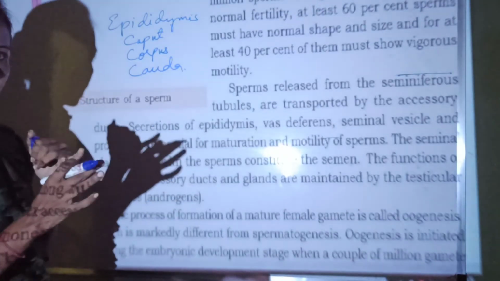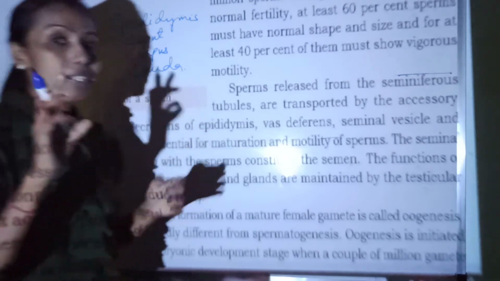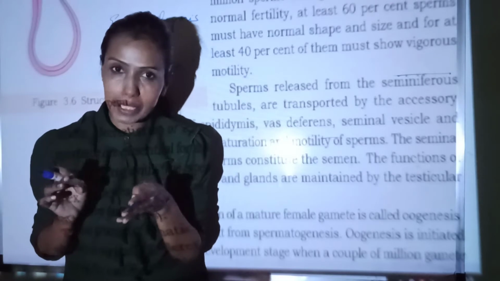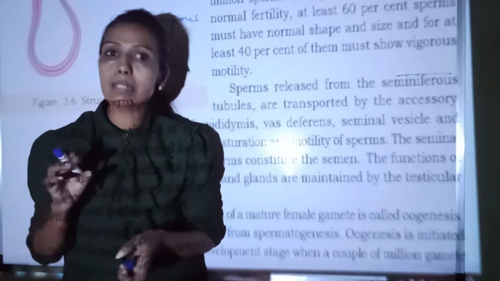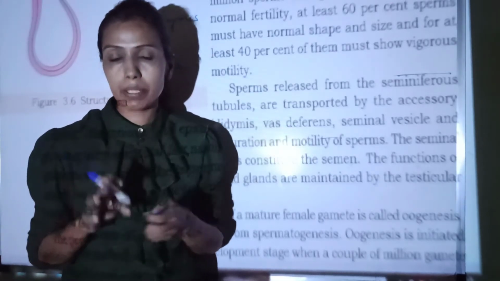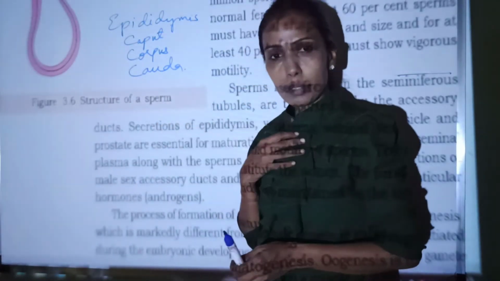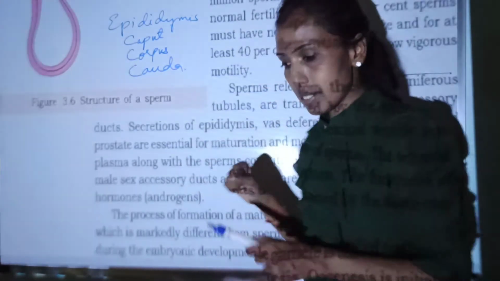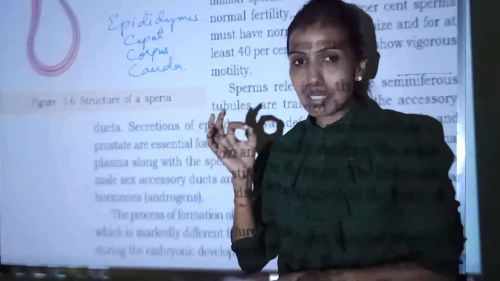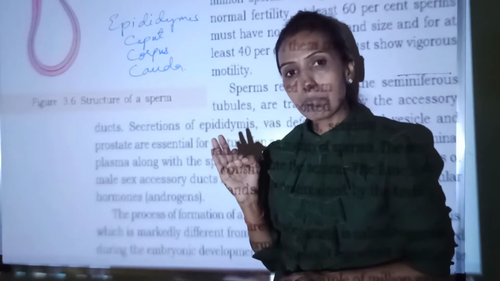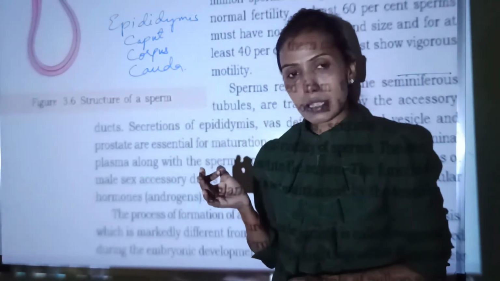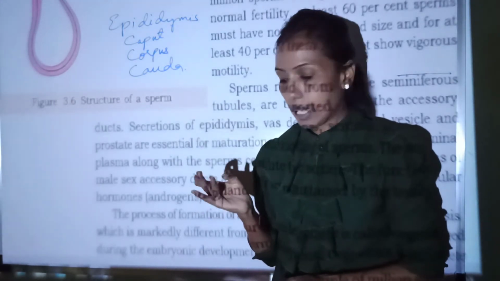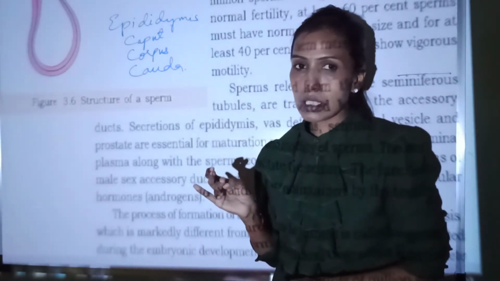Various ducts are involved in the transportation of sperms, but for the formation of semen, various glands of the male reproductive system are involved. The testes are the primary reproductive organ, the gonad, but there are supporting parts also. Three important glands: the seminal vesicle, the prostate gland, and the bulbourethral gland, also called Cowper's gland.